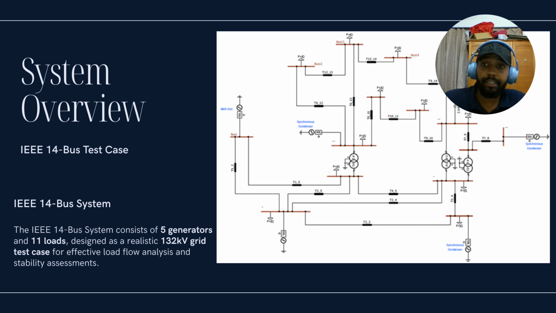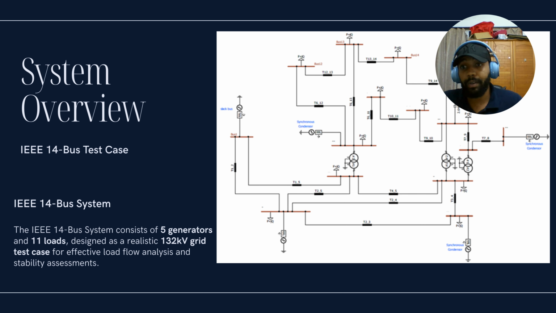So let's look at the system's overview. This system consists of 5 generators. These 5 generators can be actual turbines or they can be synchronous machines being operated as condensers, as that is the standard practice nowadays.